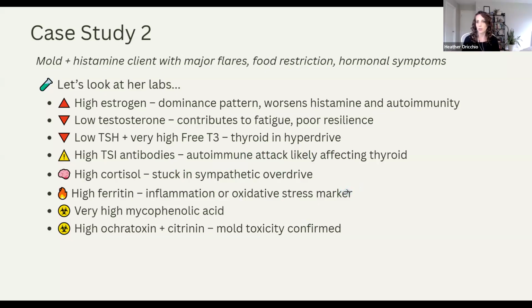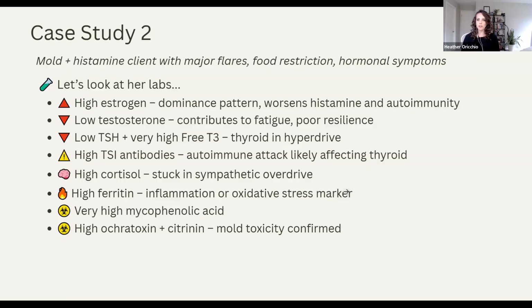And they were not doing a full thyroid panel on her. They were doing TSH and T4. And so we ran a full thyroid panel on her, and her total T3 was astronomically high. She had very high TSI antibodies. And so it had pushed her into Graves.